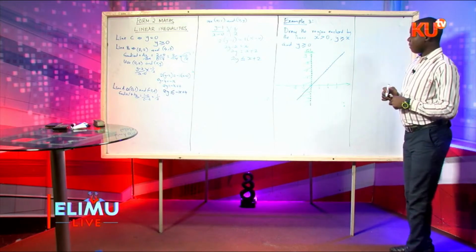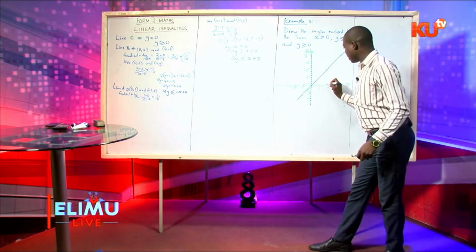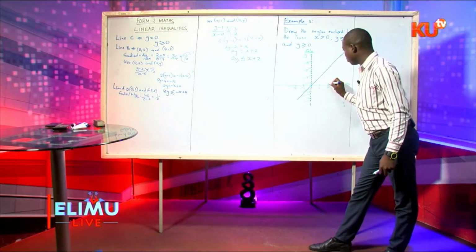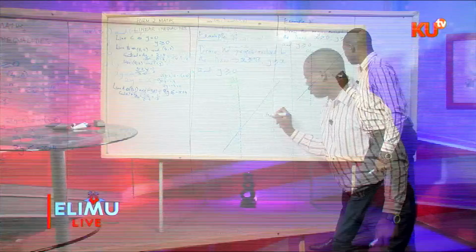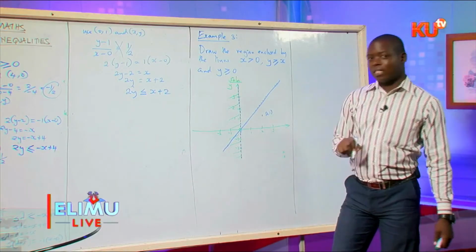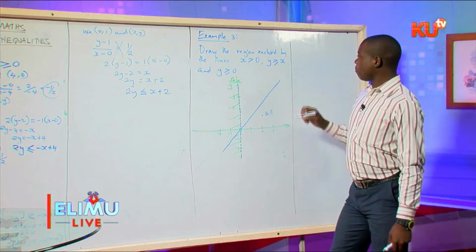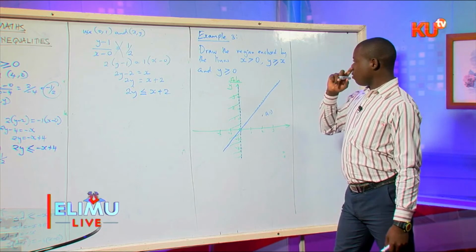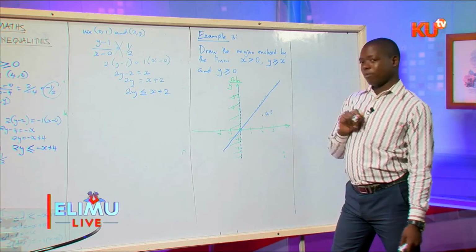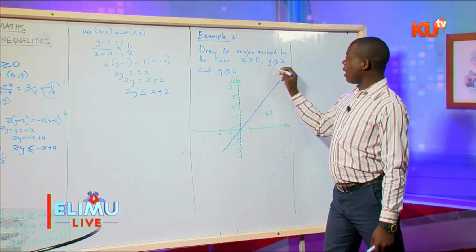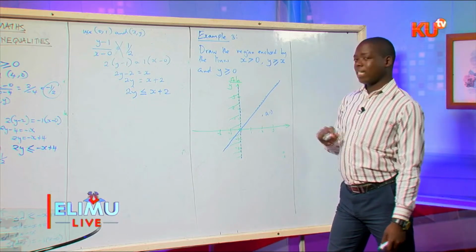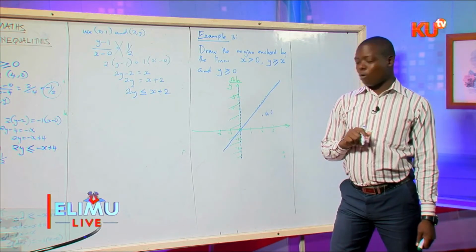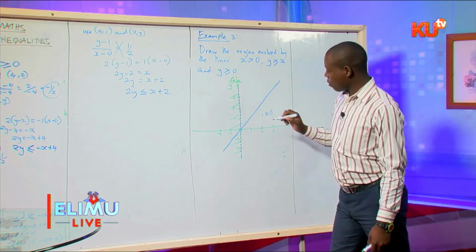Now, which side is greater? If we test, for example, take this point 2, 1, where x is 2 and y is 1, and replace it here. y will be 1, x will be 2. If you compare 1 and 2, 1 is less than 2.